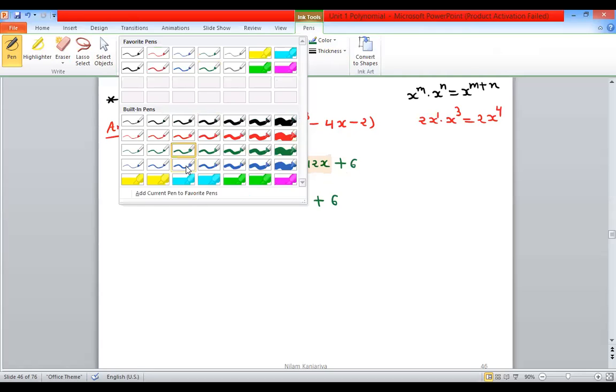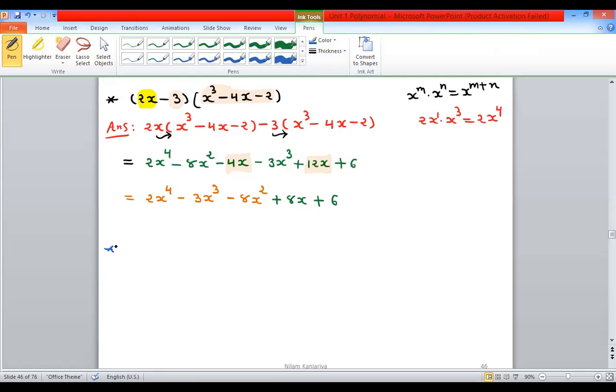This is the last example of the product, the practicing and tutorial class. Tell me: x square plus x plus 3 into 2x plus 5, find the product.